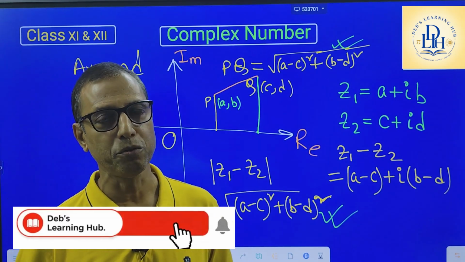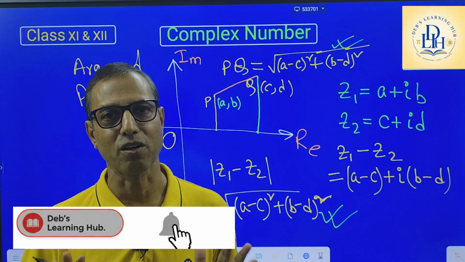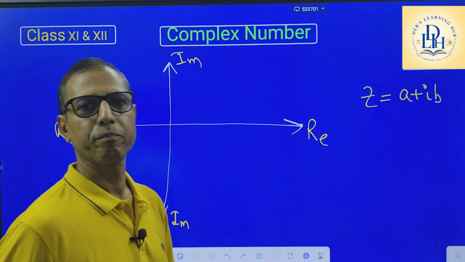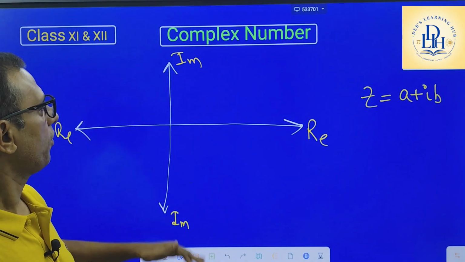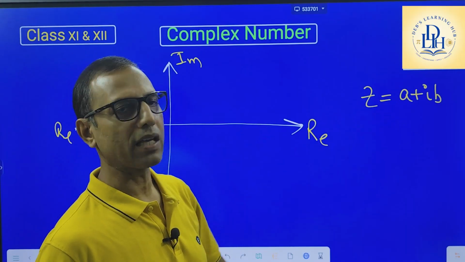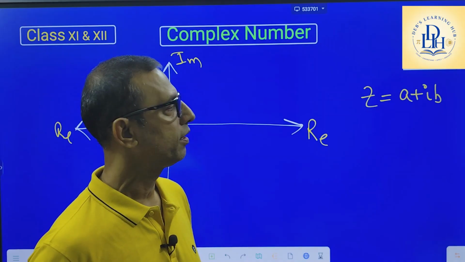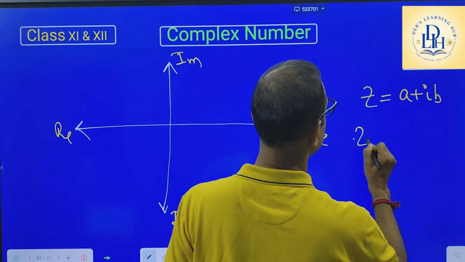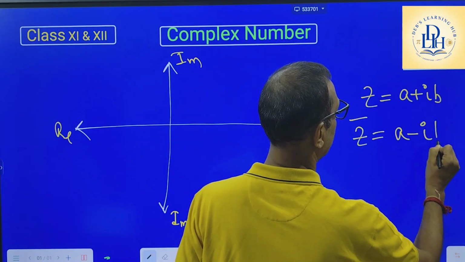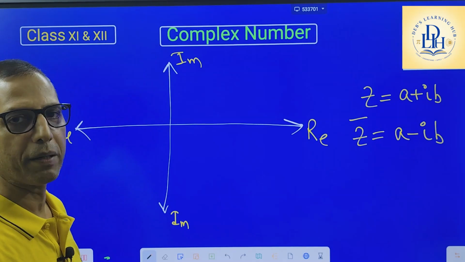Now I will show you the geometrical representation of the conjugate number. Okay, so now see the complex number, z equals a plus ib. What did I say to find the conjugate? That means the conjugate of this complex number will be a minus ib. Now you place both of these complex numbers in this Argand plane, right?